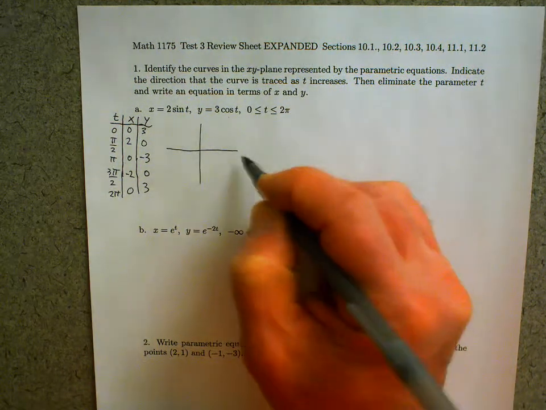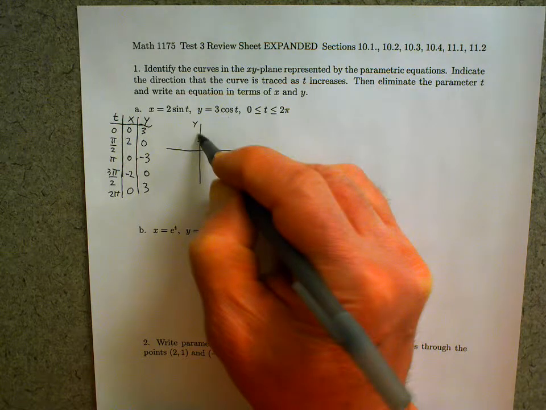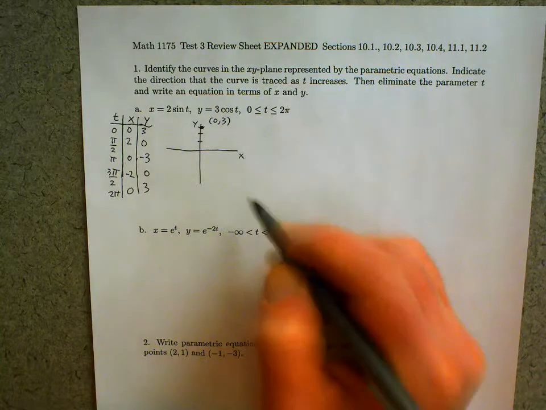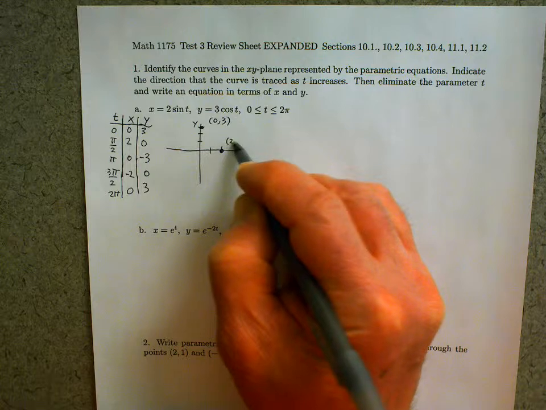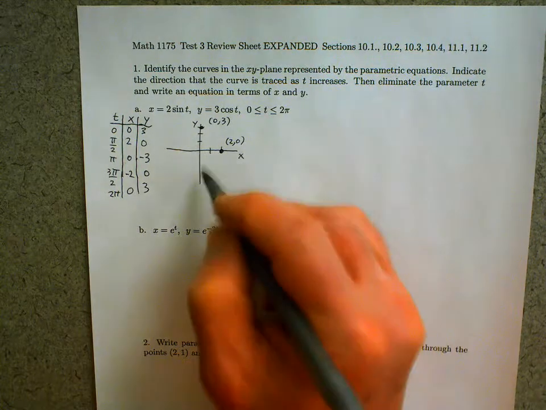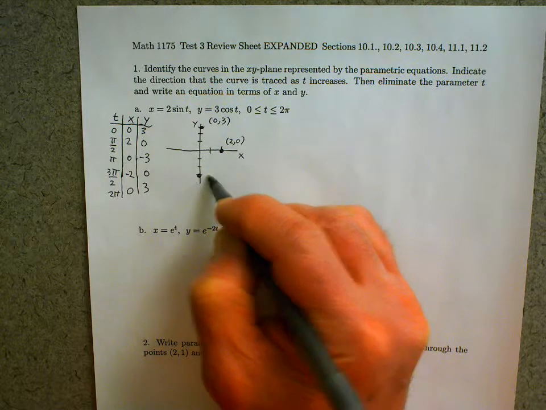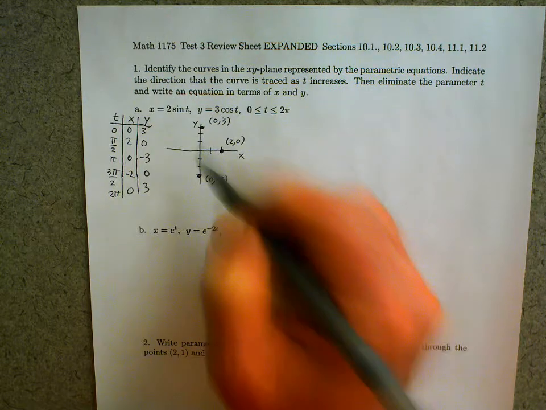Okay, so plot those points in the xy plane. 0, 3, and then 2, 0. 0, -3. -2, 0.